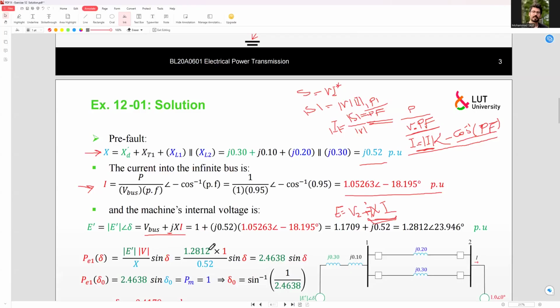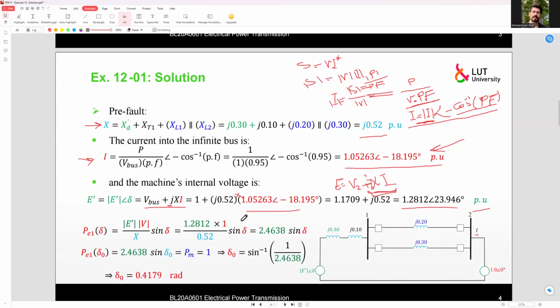Therefore we have j here. And then we would have 1 plus j0.52 multiplied by the current, which is this current. And at the end, we will have the electromotive force of the generator equal to this number in per units.